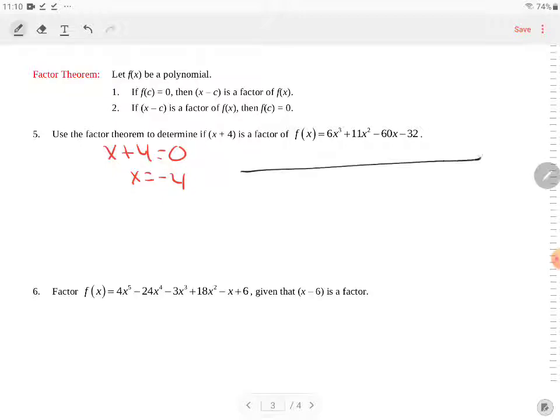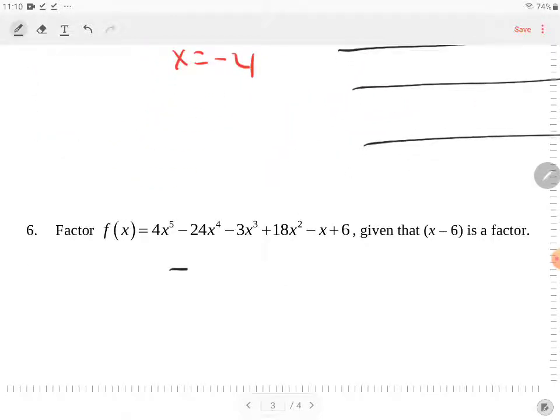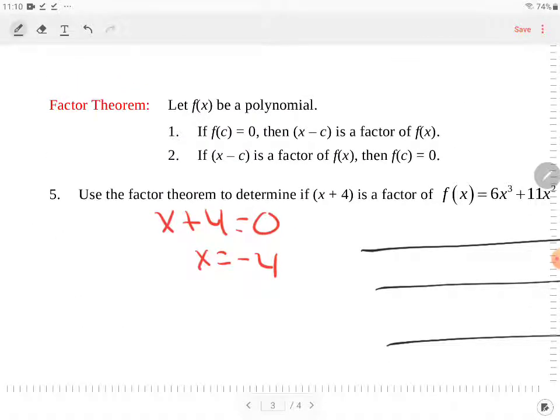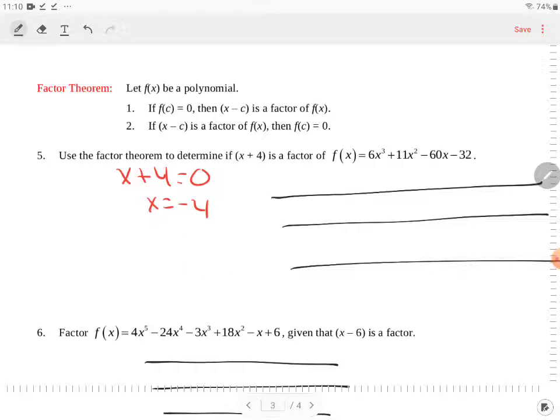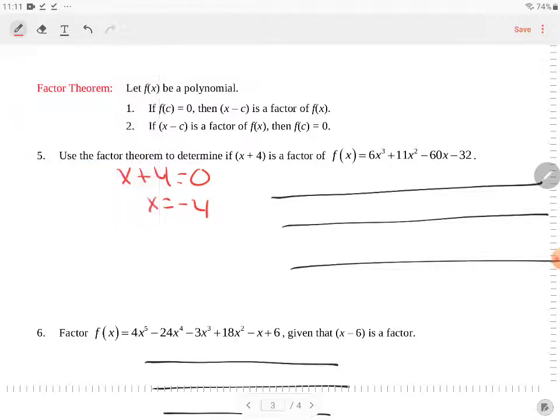So again, we'll get our notebook paper here. Let's see, and we have the following. So I'm going to put negative 4 here.